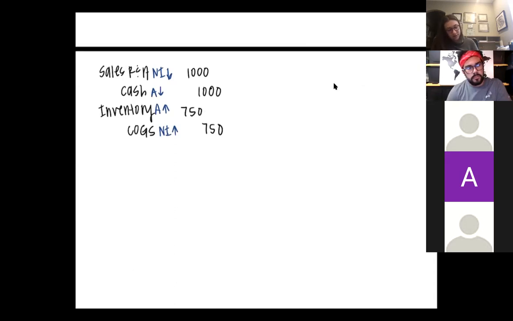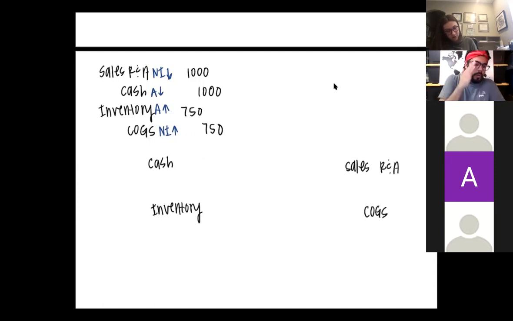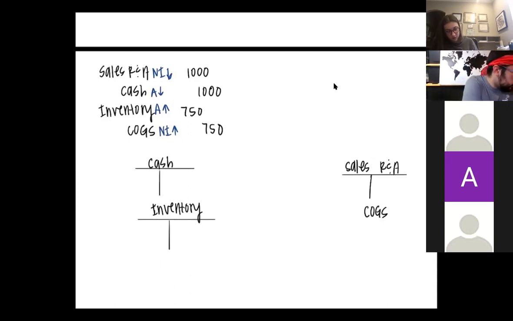So now in terms of our accounts, we have cash, inventory, sales returns and allowances, and COGS.